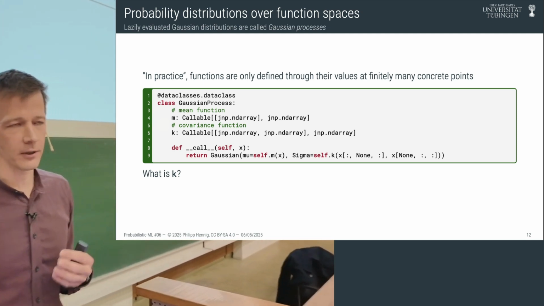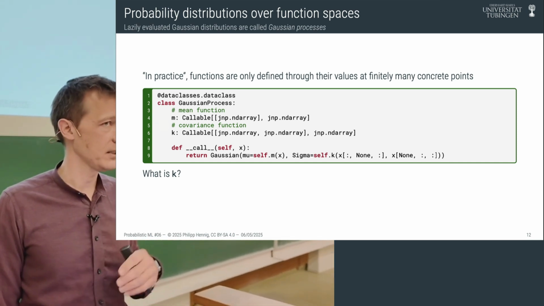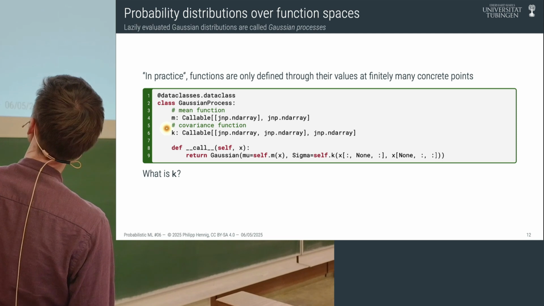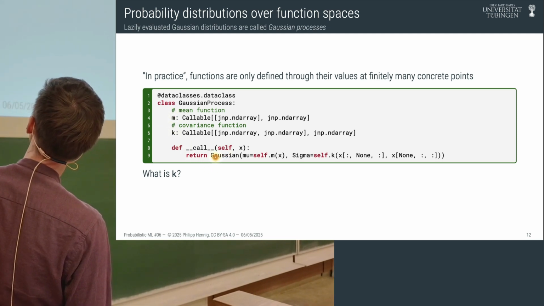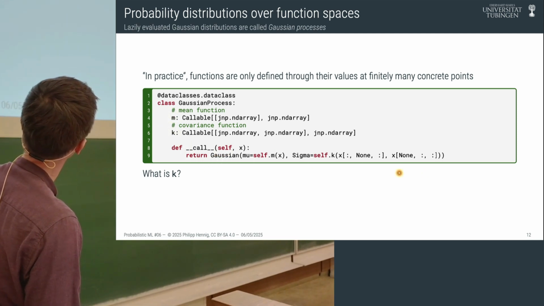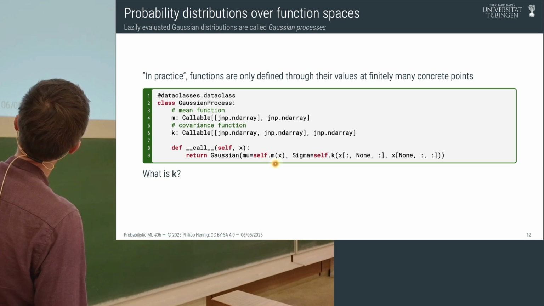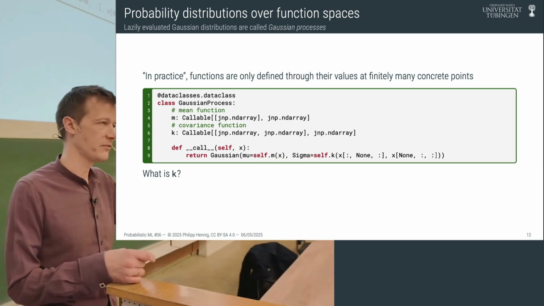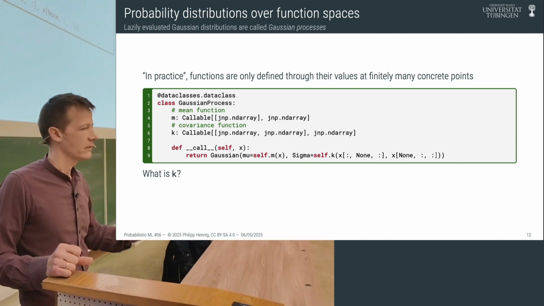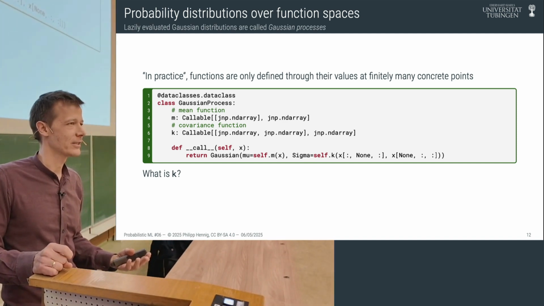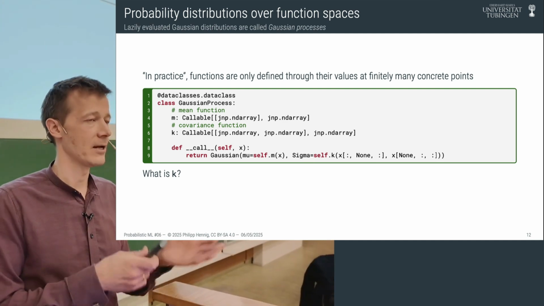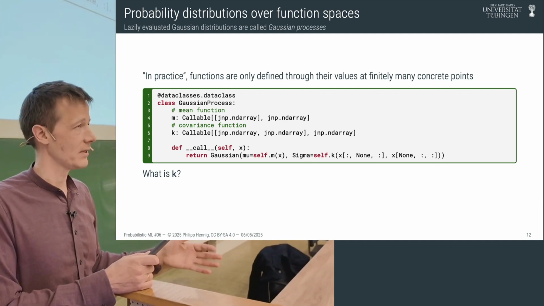For that to work, we need to ask one key question. For this definition to become an actual Gaussian, what properties do M and K have to have? If you think back to the definition I gave of a Gaussian, it's a probability distribution parameterized by a mean vector and a covariance matrix.